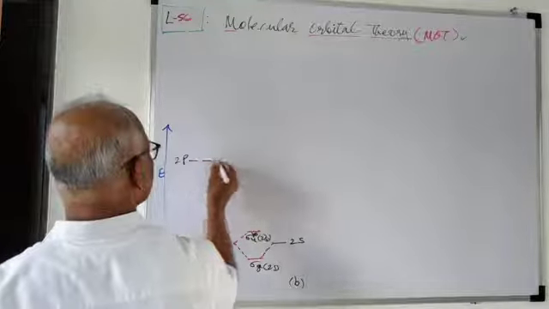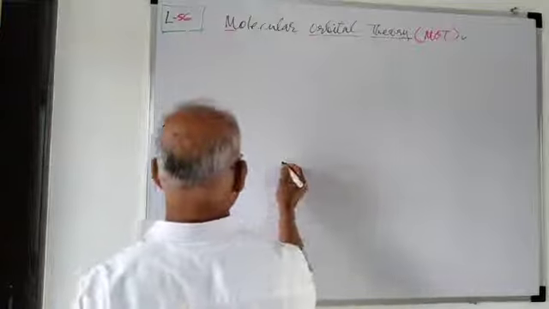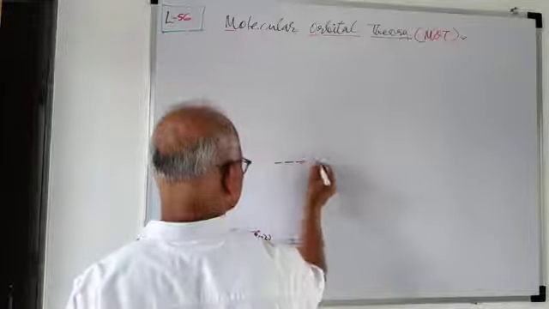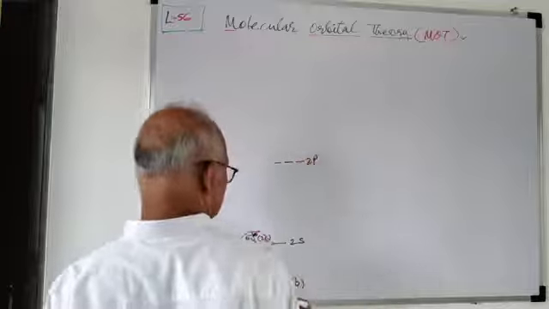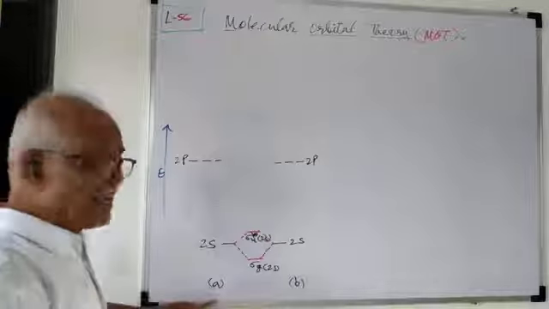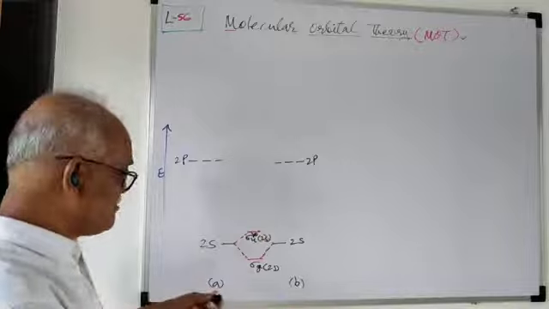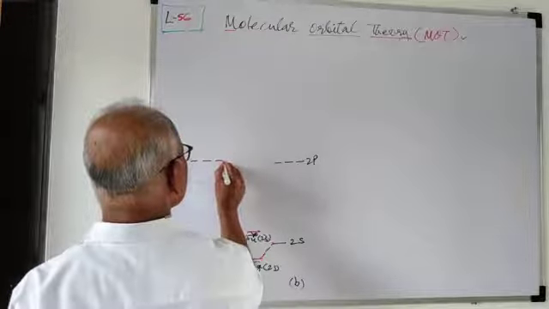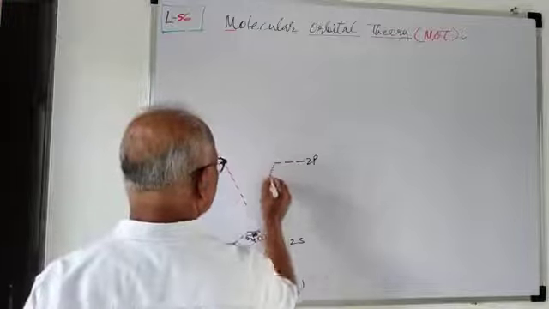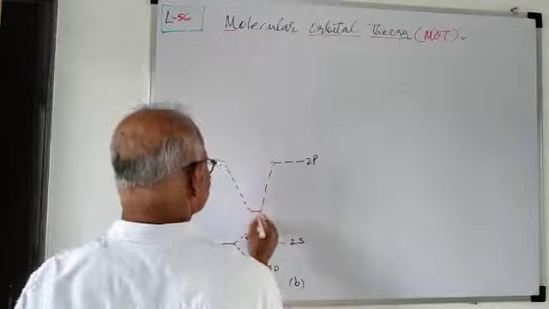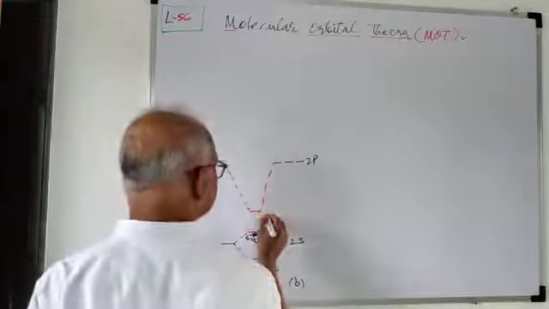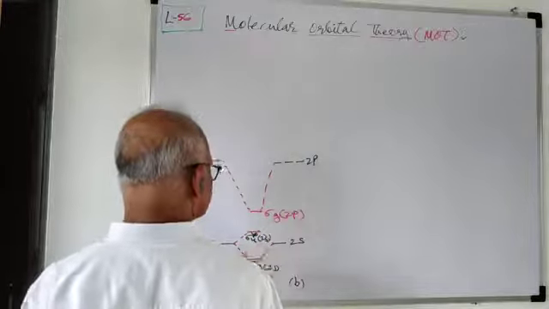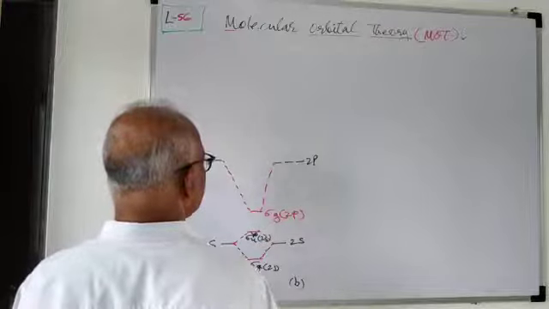There are 3 such orbitals. This is 2p for the first atom and the second atom, A and B. After linear combination, they produce the bonding molecular orbital called sigma g 2p.